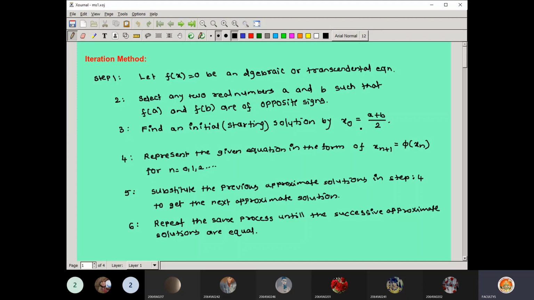So you are calculating the starting solution by the formula x naught equal to a plus b by 2. This was already there in the bisection method. Only the first solution is calculated like this.